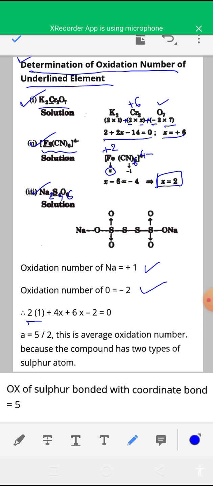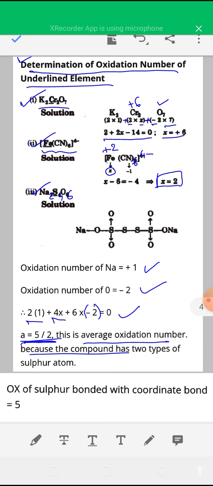I have assumed that oxidation number of each sulfur atom is x. Then 4 into x for 4 sulfur atoms, and 6 into -2 for 6 oxygen atoms, and the total compound is neutral, so 2 into 1 plus 4 into x plus 6 into -2, total charge is equal to 0. So on an average, for each sulfur atom oxidation number is 5/2, but this is not the actual oxidation number of each sulfur atom.